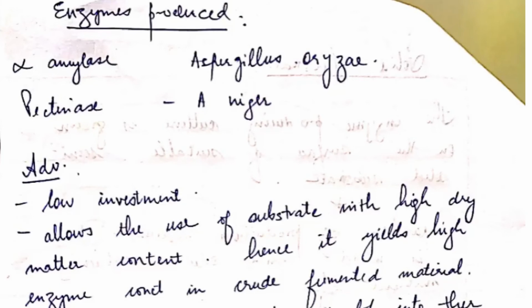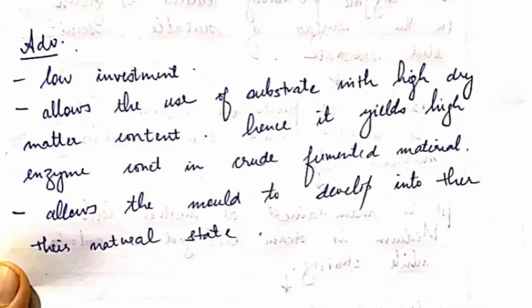There are several advantages and disadvantages of it as well. You can just go through them. The tray process, as mentioned, means the substrate is spread in a thin layer in the incubation process.